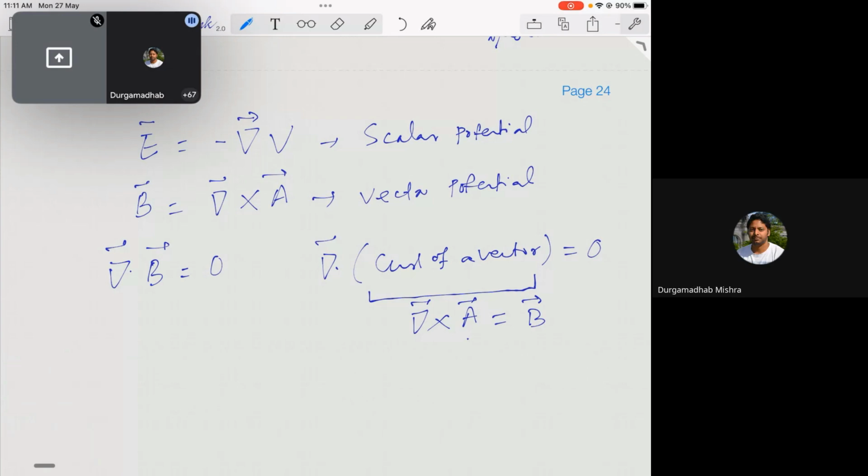In fact, we can do that. So we can write Maxwell's equations in terms of the corresponding potentials, and the form would look something like what we derived already in the last class.